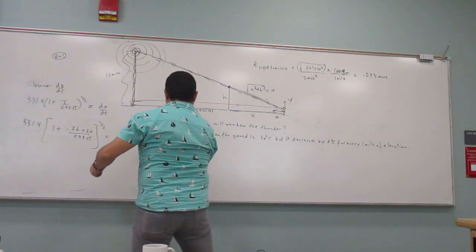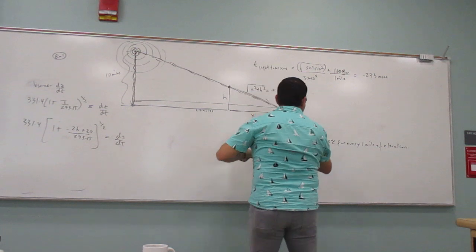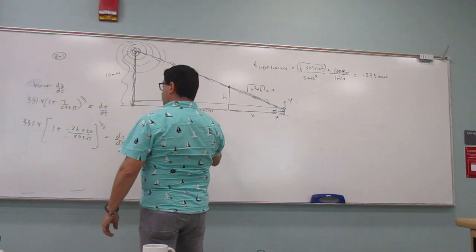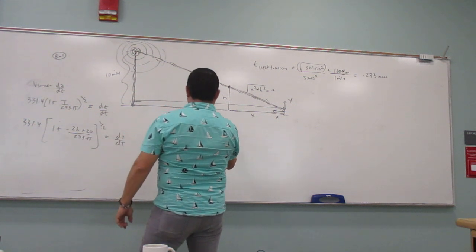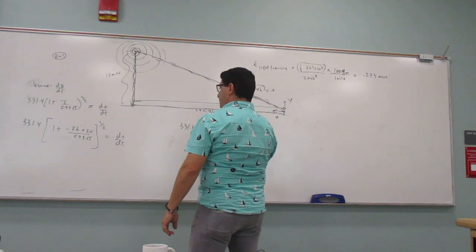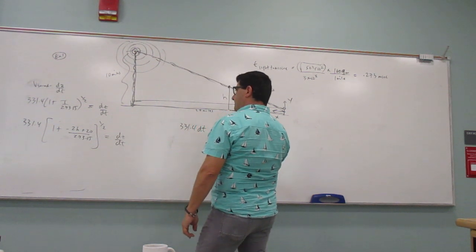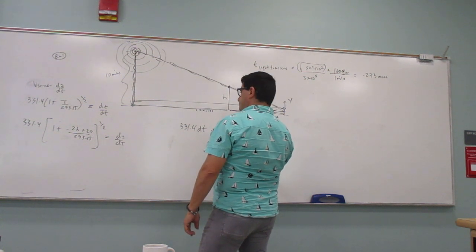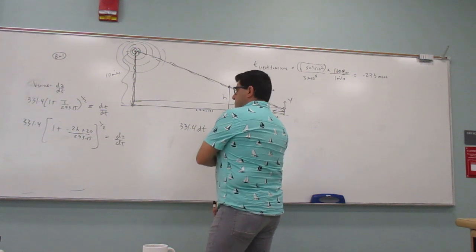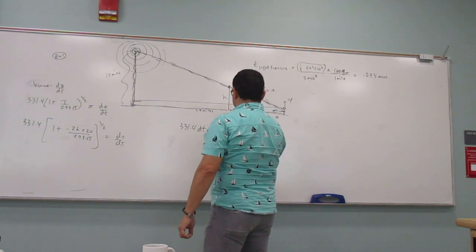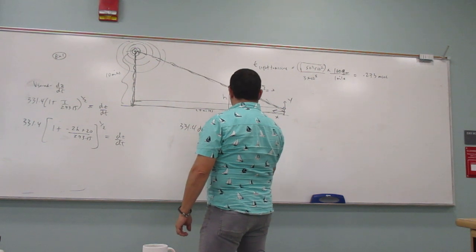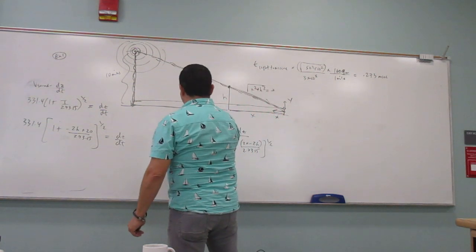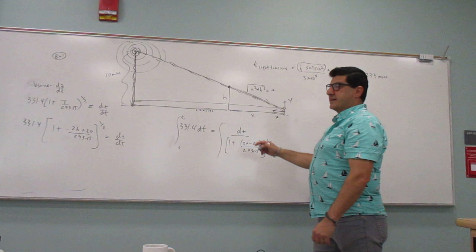So 331.4 dt can go over there, is equal to dz over 1 plus... then I can integrate this from 0 to t, but then how am I going to integrate that?